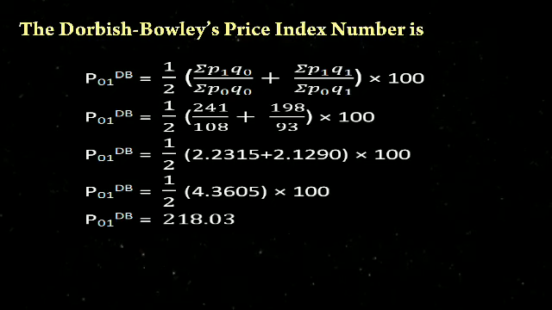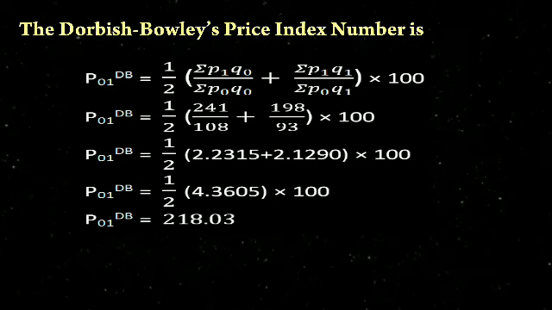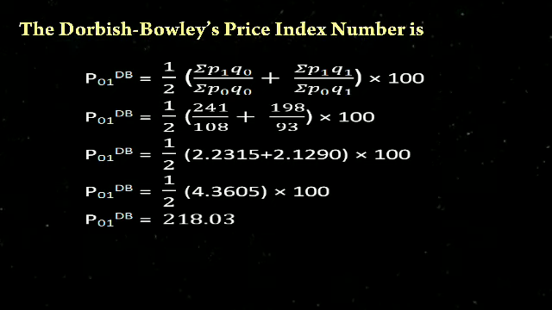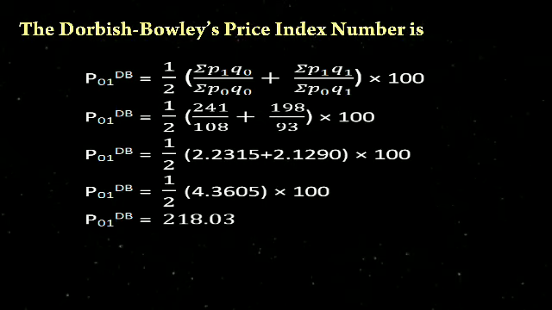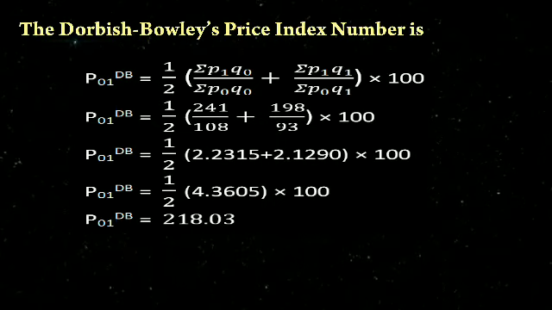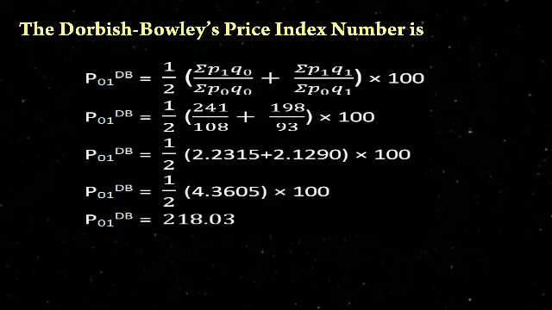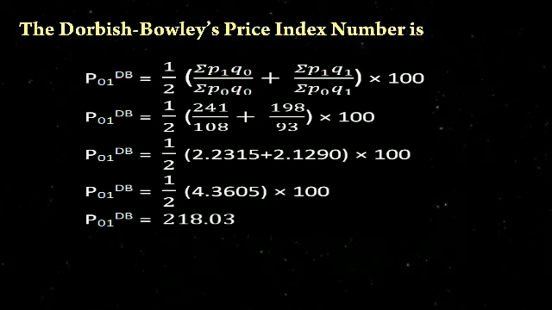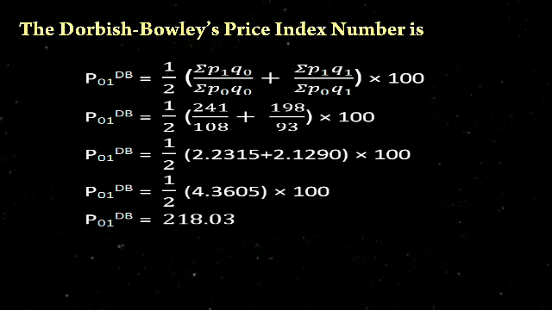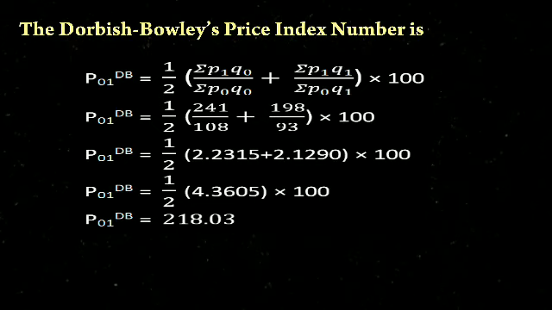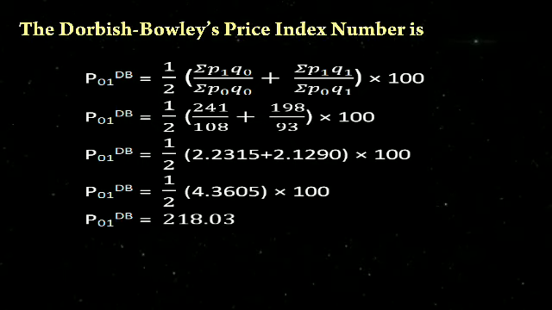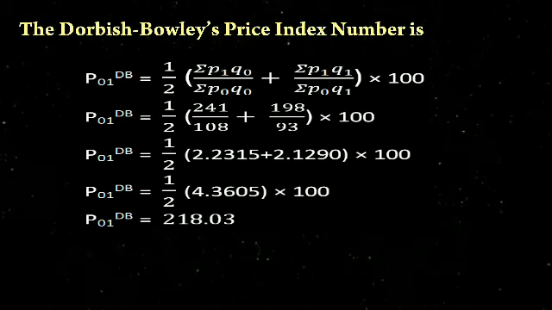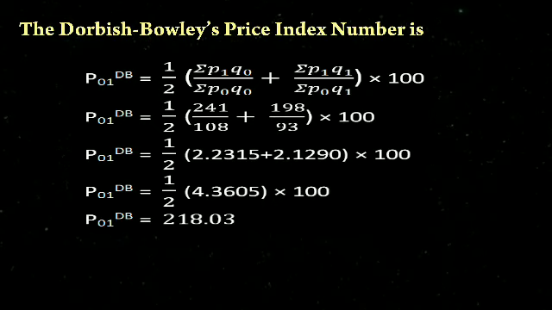Substitute in the formula, that is equal to half into 241 divided by 108 plus 198 divided by 93 and multiplied by 100, which is equal to half into, first divide the values. 241 by 108 is 2.2315 plus 198 by 93, that is 2.1290, which is multiplied by 100.